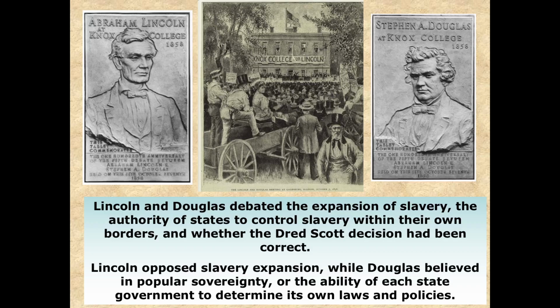They debate stuff like expanding slavery, who has the authority to control slavery, the Dred Scott decision, all that is being debated. Of course, Lincoln's going to be like, I oppose the expansion of slavery. Douglas is going to be like, well, the people should decide.